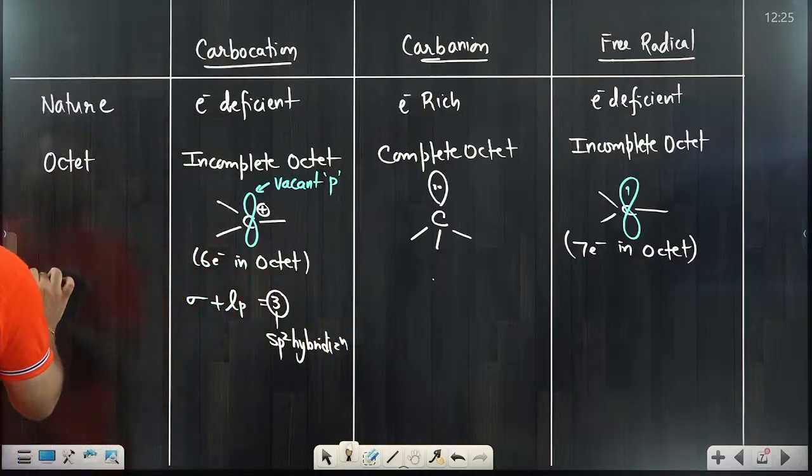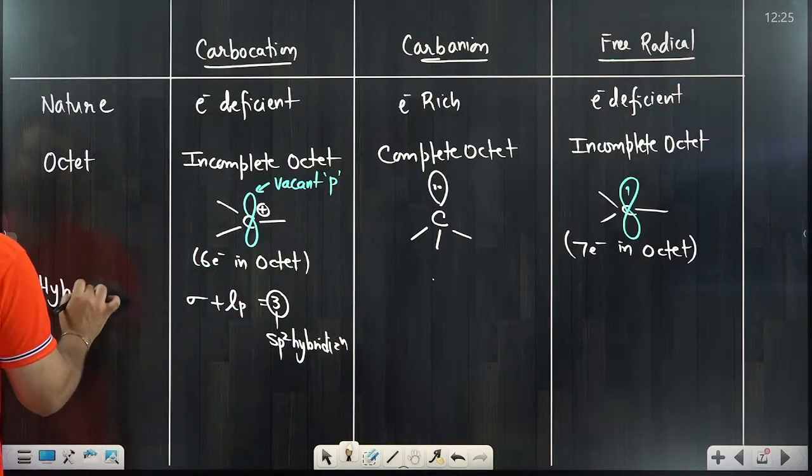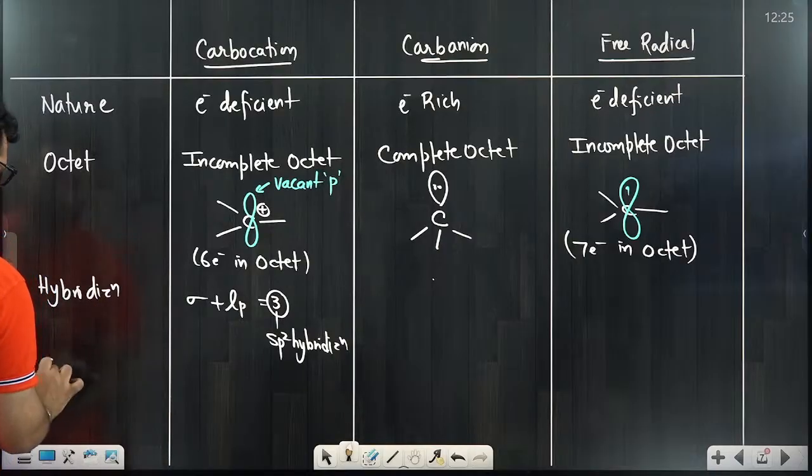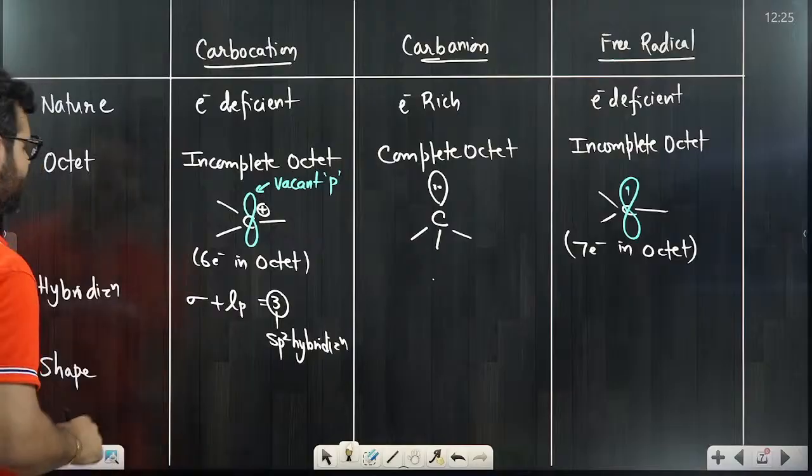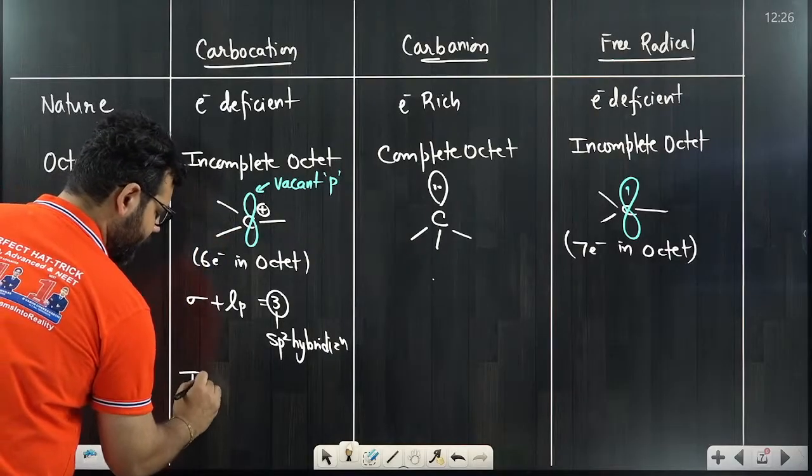So next point we'll write about hybridization. Next thing we'll talk about shape. So carbocation is sp2 hybridized and its shape is trigonal planar.